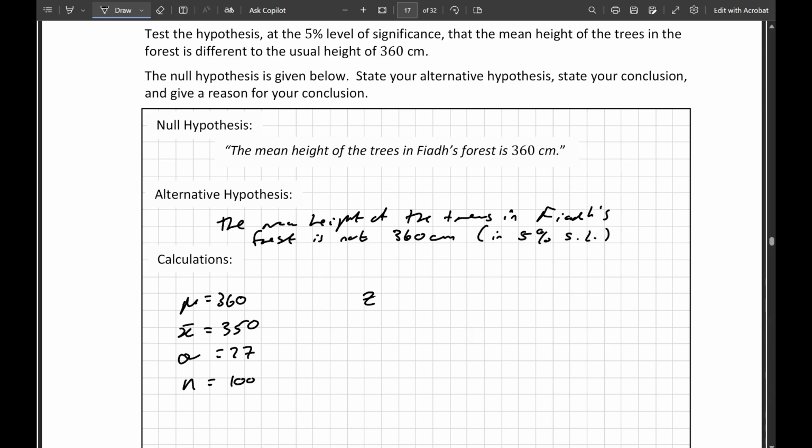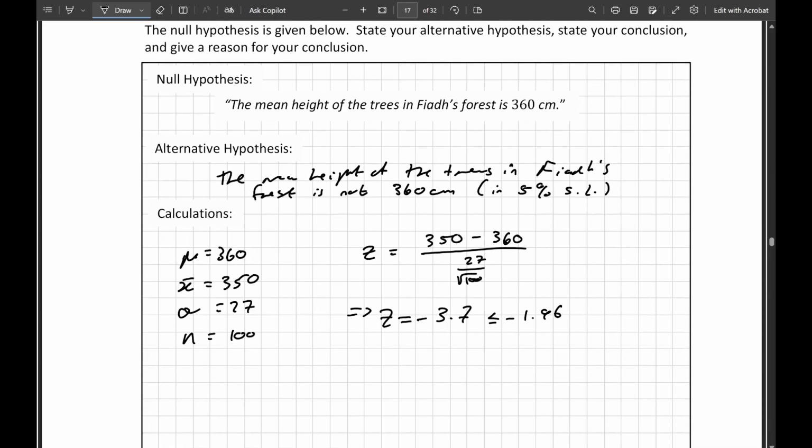So z will just be x bar minus mu all over sigma over the square root of n. So 350 take 360 all over 27 over the square root of 100, which is just 10. And we get z as minus 3.7, which in itself is very much less than minus 1.96.